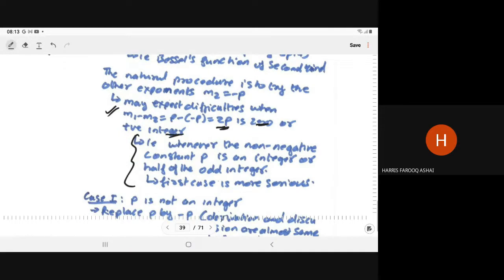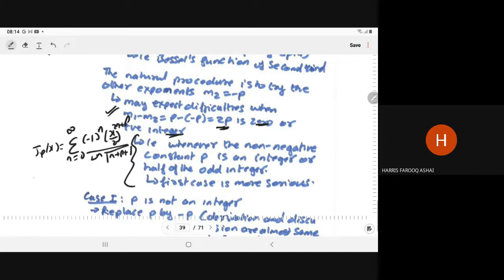When p is not an integer, what is the easiest approach? Just replace p by minus p in Jp, and you will get J of minus p. So you know what is Jp? Jp is the summation n equal to 0 to infinity, minus 1 to the power n, x by 2 to the power 2n plus p, upon factorial n gamma of n plus p plus 1.